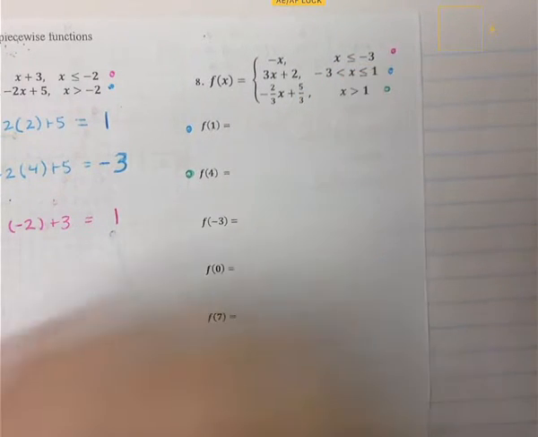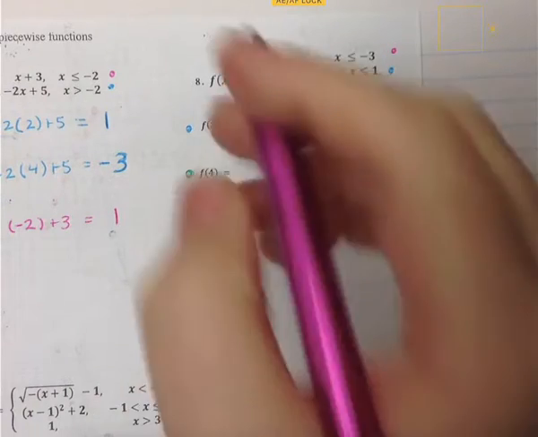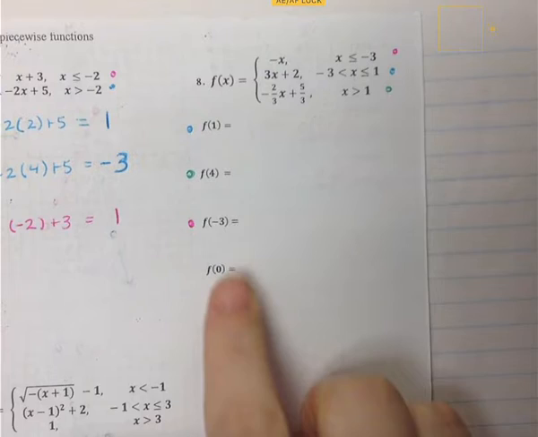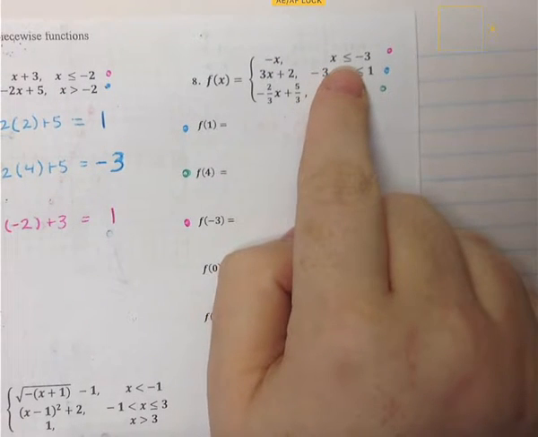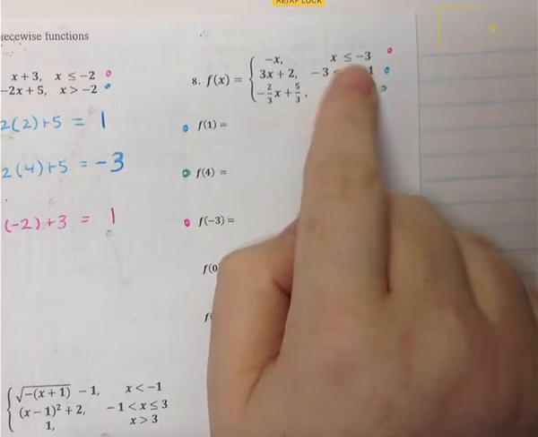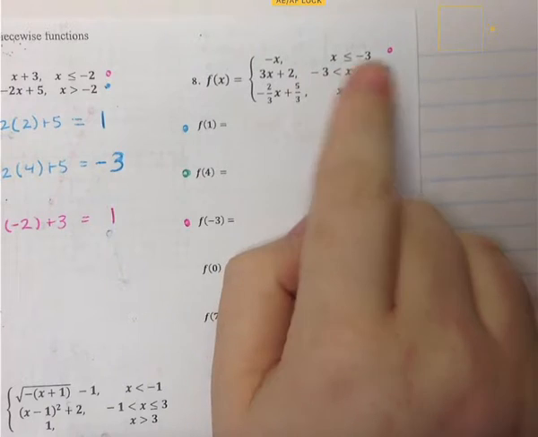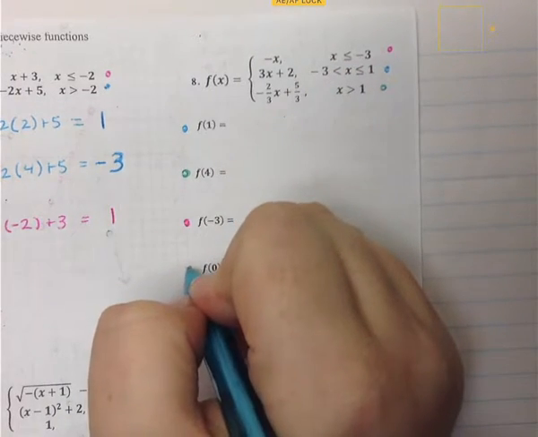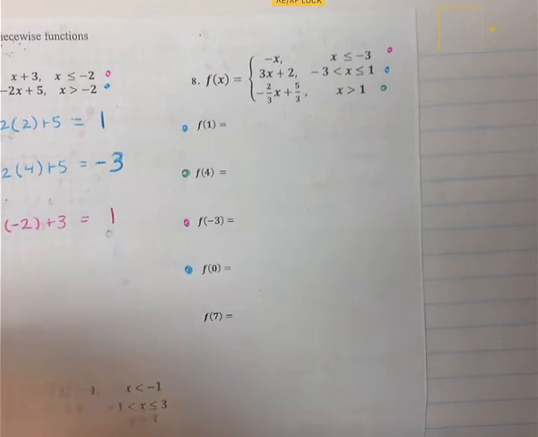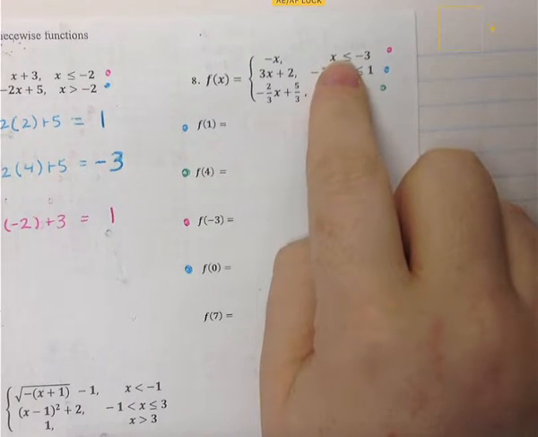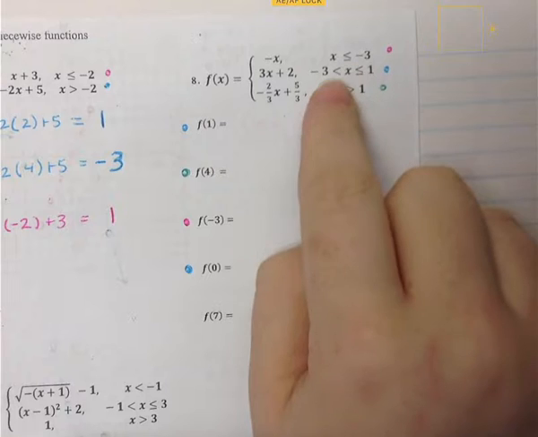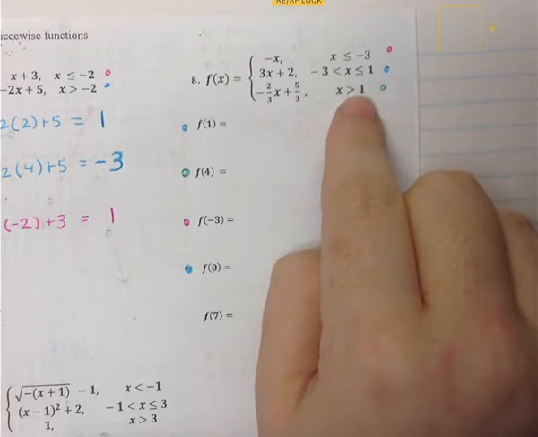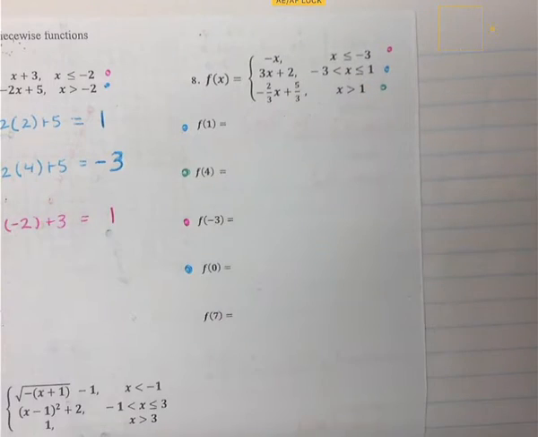Yes, because it's equal to negative 3. So it should be the pink one. 0. Is 0 smaller than or equal to negative 3? No. Is 0 between negative 3 and 1? Yes, so it should be the blue. 7. Is 7 smaller than negative 3? No. Is 7 between negative 3 and 1? No. Is 7 bigger than 1? Yes. So it's going to be the green.